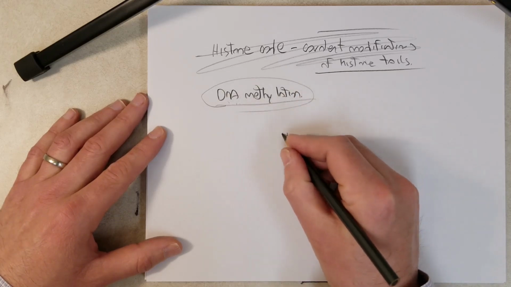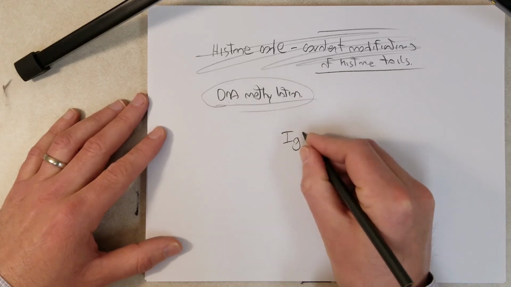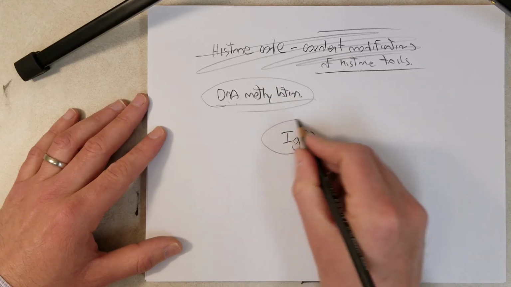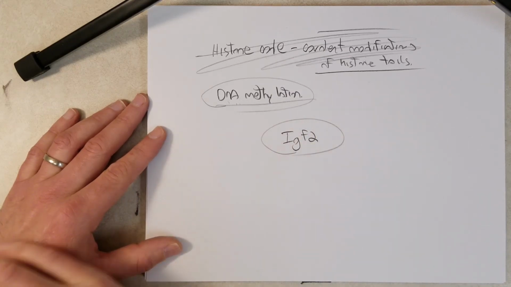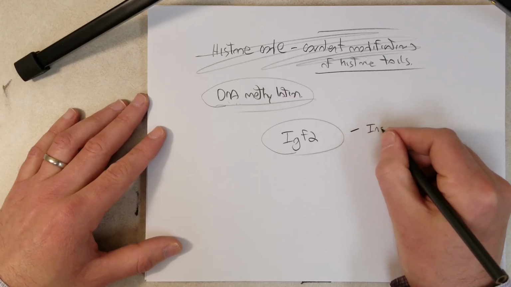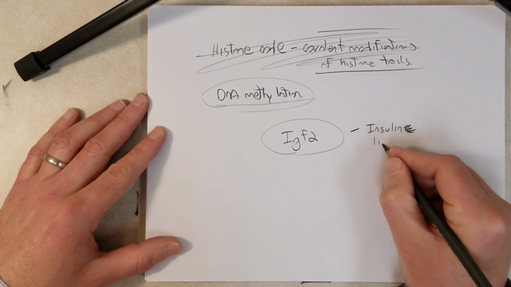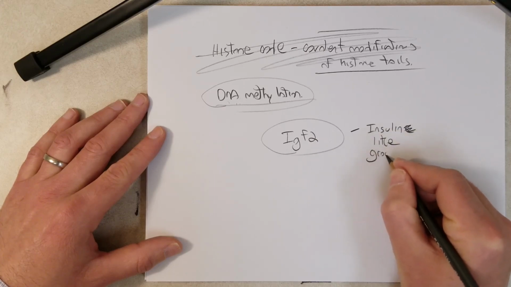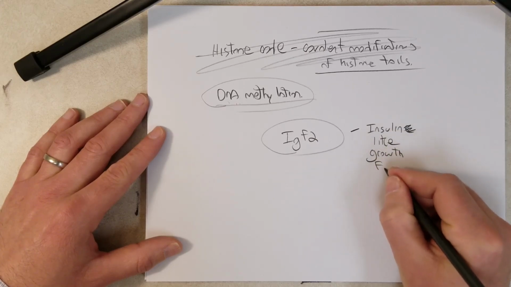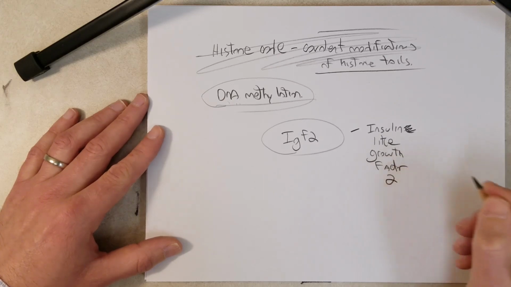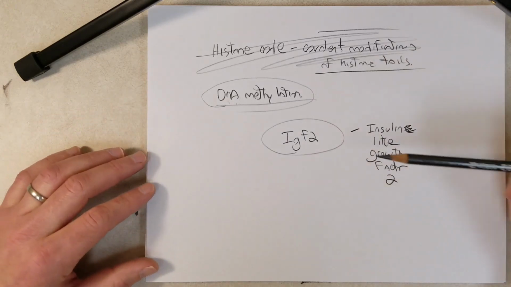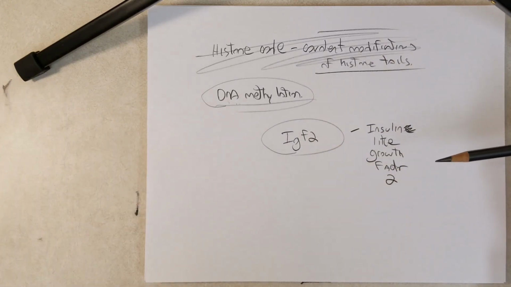And the example we are going to look at involves the IGF-2 gene, which stands for insulin-like growth factor 2, in mice. And there's a similar gene in humans, I'm sure. I haven't looked it up, but almost every gene in mouse is also found in humans.